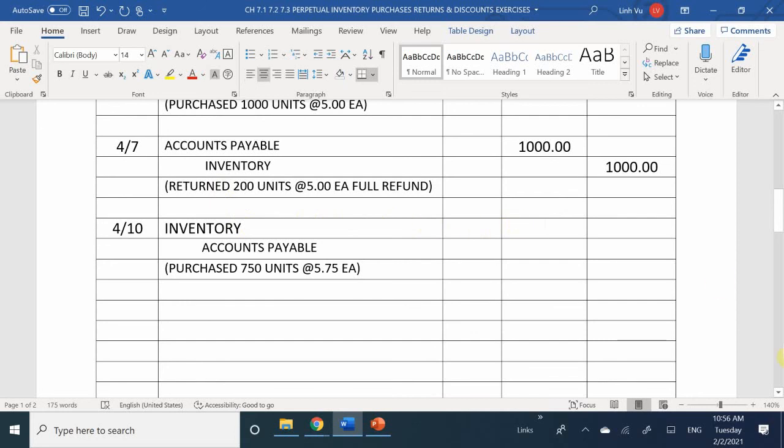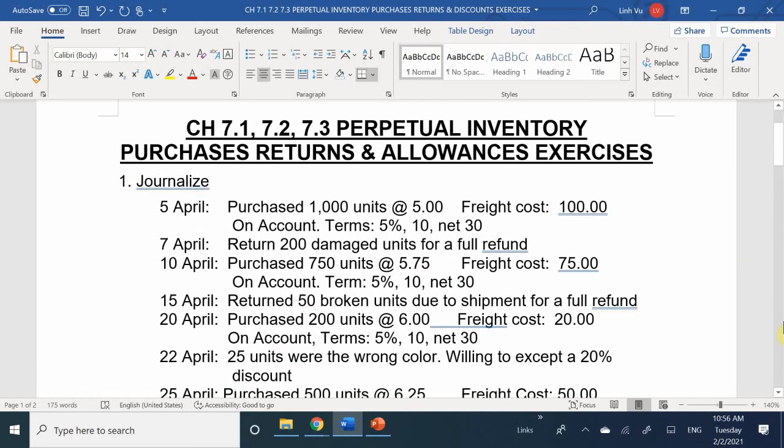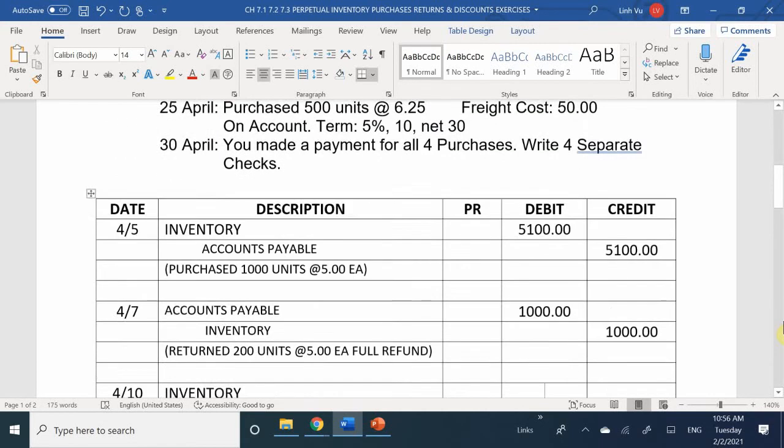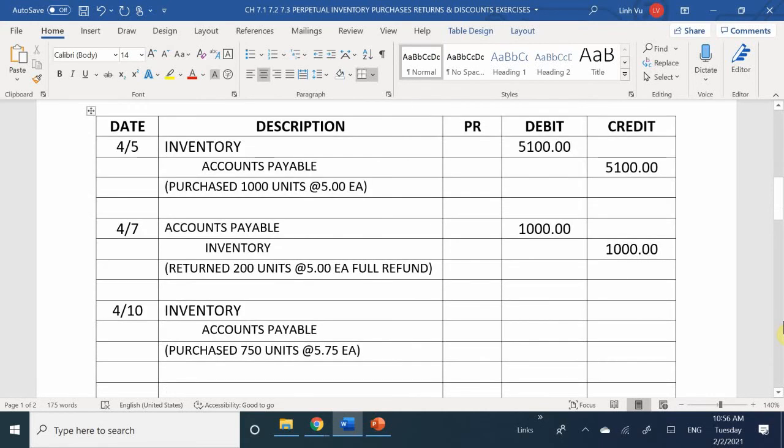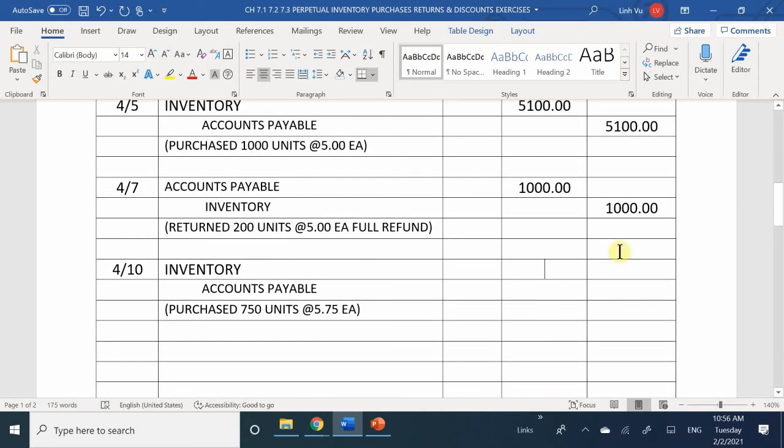Yes, including the freight of what was that? 75. 75, yes. So it'd be 4,312.50 plus 75, bringing it to $4,387.50. Okay, good. And we recognize that that's what we did. We purchased it at this amount.